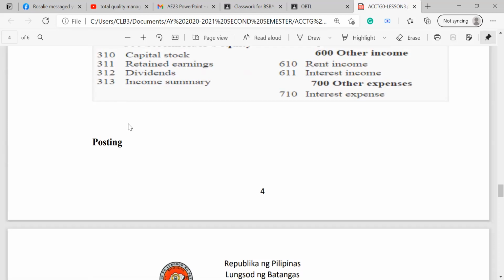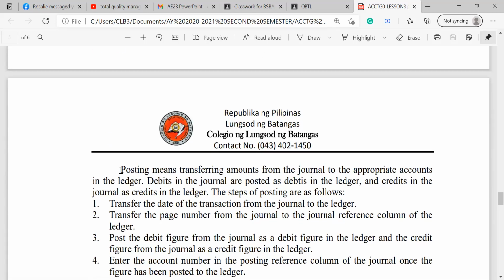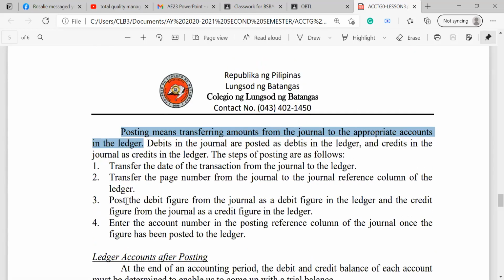So, yung process po ng posting, pag-usapan natin yung process ng posting. This is actually the step number 3. Pag sinabi nating posting, transferring the amounts from the journal to the appropriate accounts in the ledger. So, paano po nagta-transfer? Ito, word lang to. Okay, once na mag-meet tayo, the next synchronous meeting, bigyan natin ng problem. Sample, illustration ito. Okay?